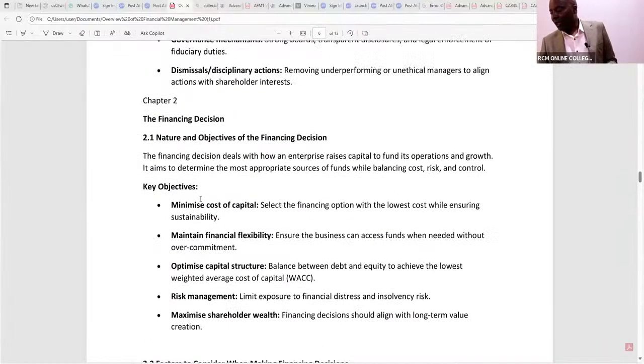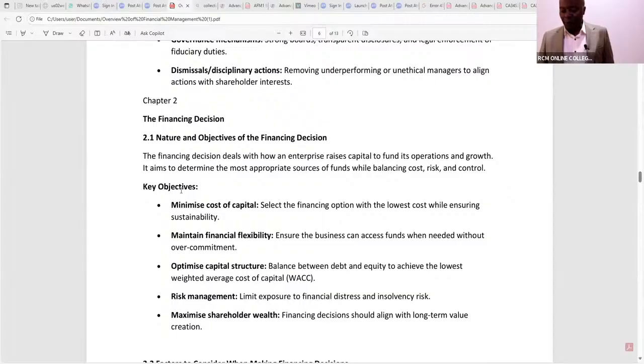So, 2.1. We are told here the key objectives of these financing decisions. Our aim will be to minimize the cost of capital. Remember that some sources of capital are very, very expensive. I won't want to be the finance manager who advises my company to go for Shylock money.